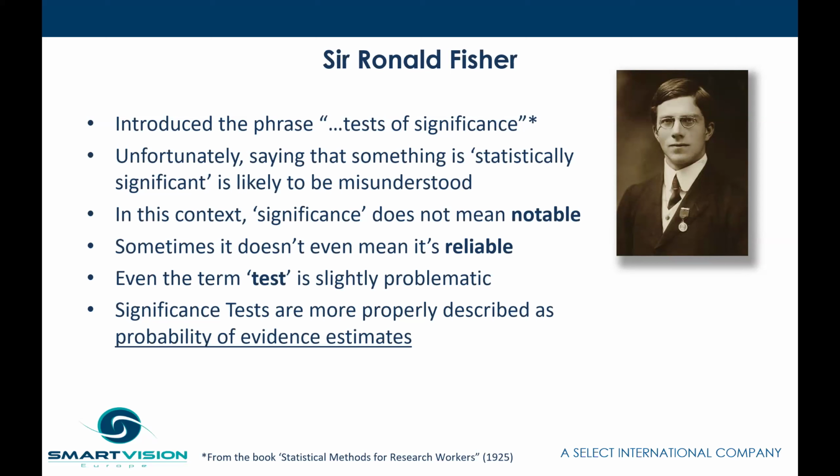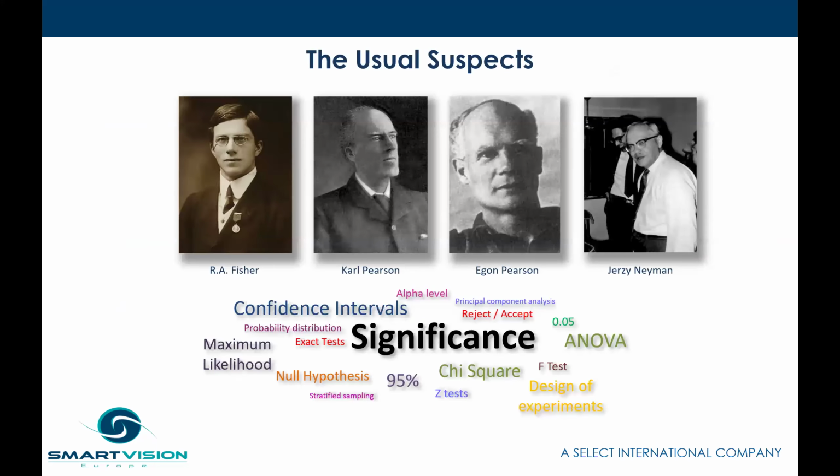A significance test is more of an estimate, and it looks at evidence and it focuses on probability. It definitely doesn't say anything about whether or not the phenomena you're looking at and the results you're seeing are important or notable or even necessarily reliable.